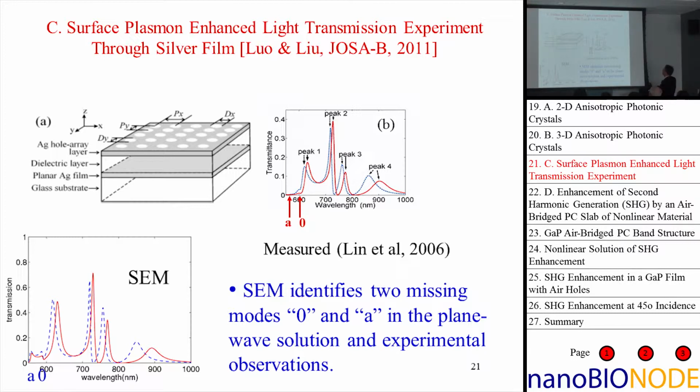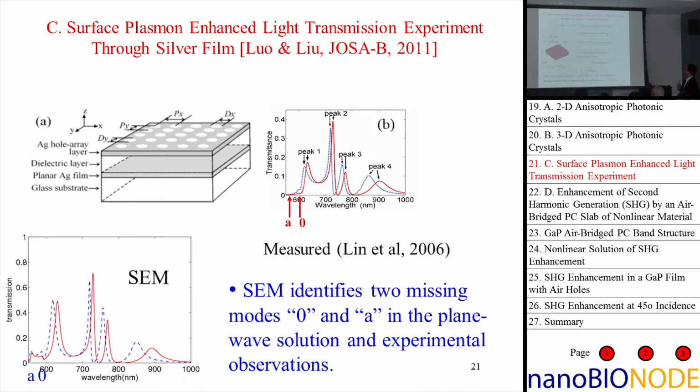Here is the comparison with our SEM result for two different polarizations. The holes are not circular, they are elliptical holes, so two different polarizations will have slightly different transmission coefficients. You compare this with the experimental result published by Lin in 2006, and you can see very good agreement between them.